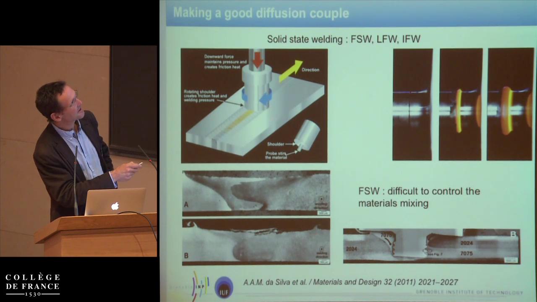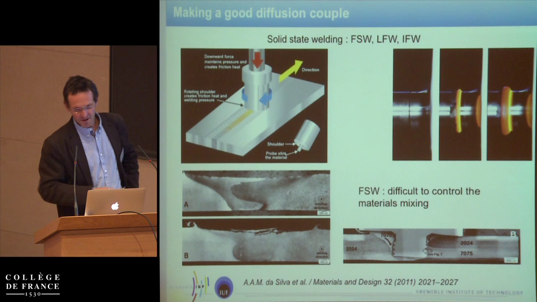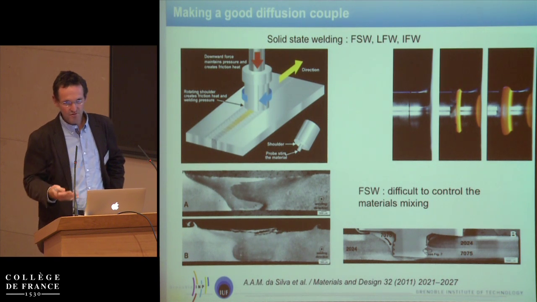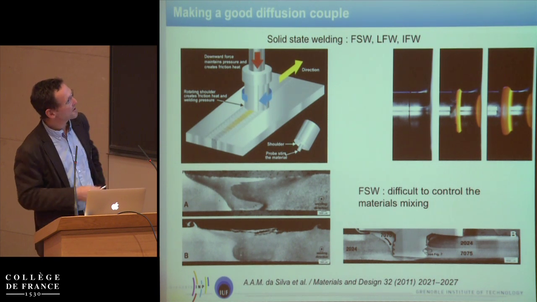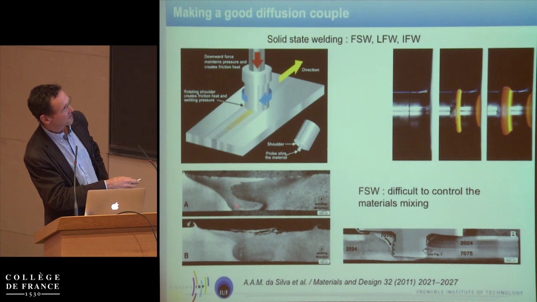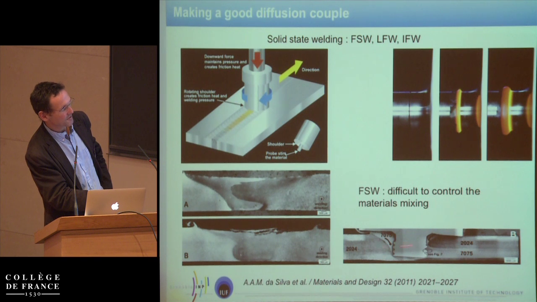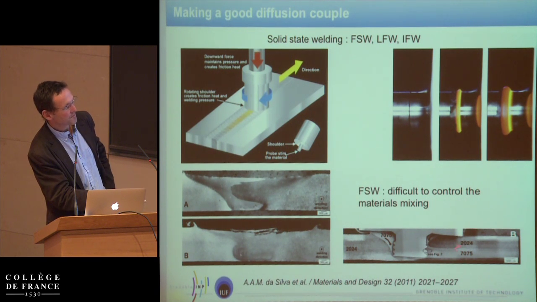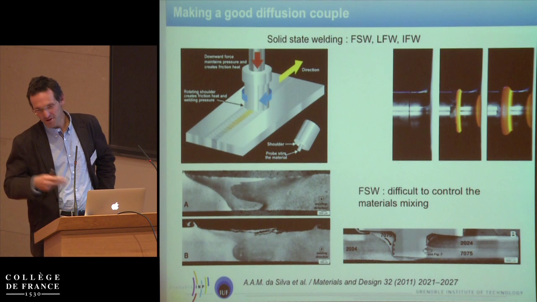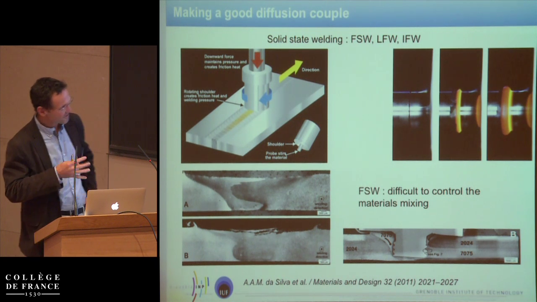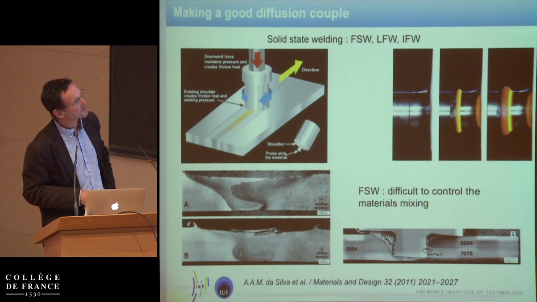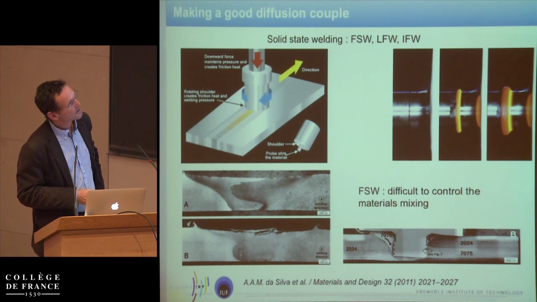So the advantage of this kind of process is that it's very robust, very easy to perform, and now quite widespread. But it makes you a gradient between the two alloys, which is quite complicated. And depending on the process parameters, you can actually not mix the two alloys in the way you want it. So this can probably be used, but it's not so easy.